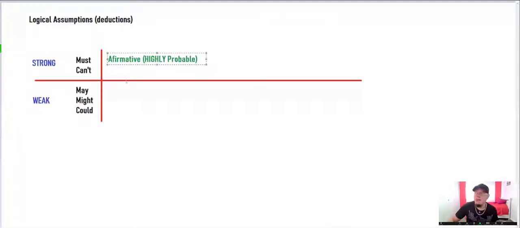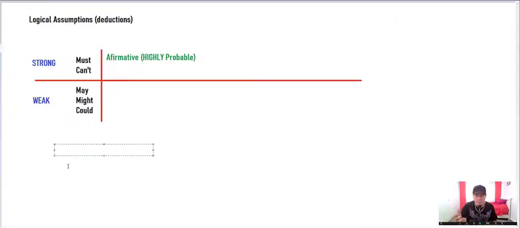For example, imagine that you see a person on the subway and he's sleeping. So you may say, he must be tired. That sentence expresses what you assume because of the evidence that you have. What evidence in this case? That he's sleeping, right?